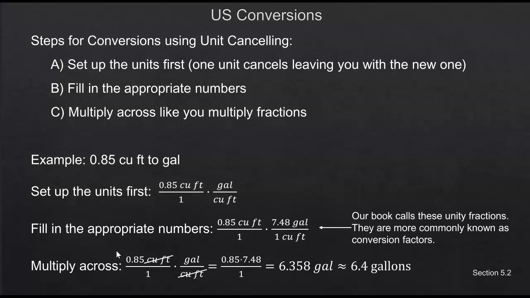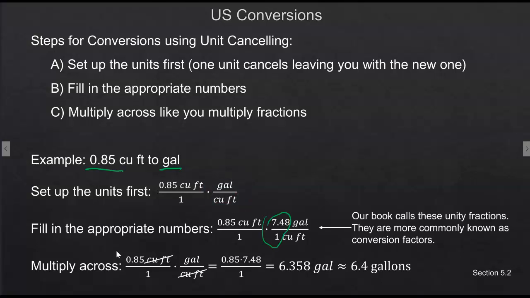So you can see I have an example here. We're going from cubic feet to gallons. And so we have this many cubic feet over 1, and then here are my units, my gallons per cubic foot. And then I put the numbers in, right?